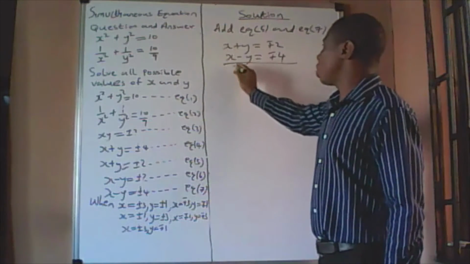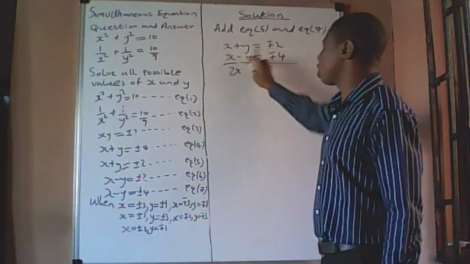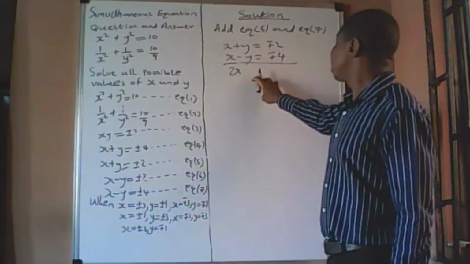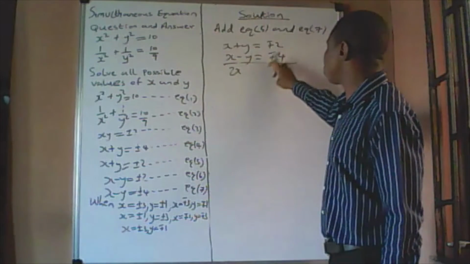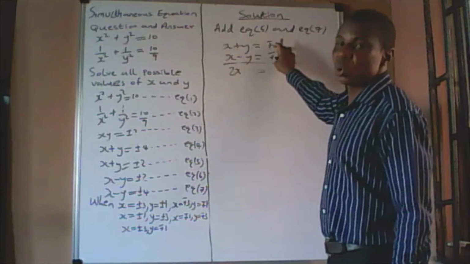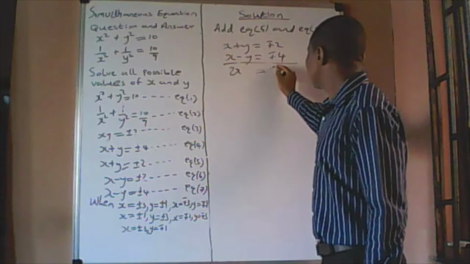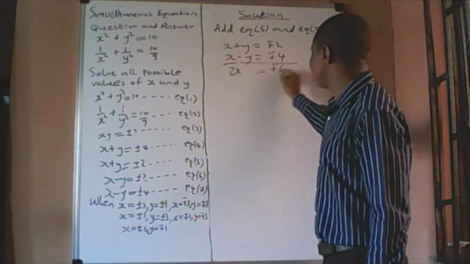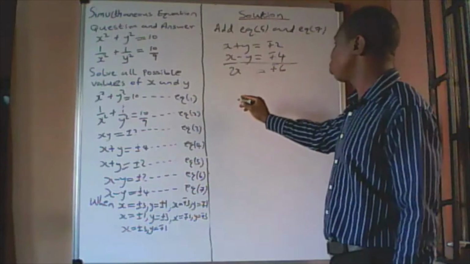x plus x gives us 2x, plus y plus minus y will give us 0. Then minus or plus 2 plus minus or plus 4, that is minus 2 minus 4, will give us minus or plus 6. Divide both sides by 2.